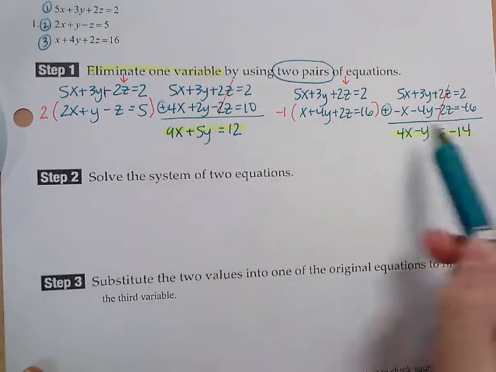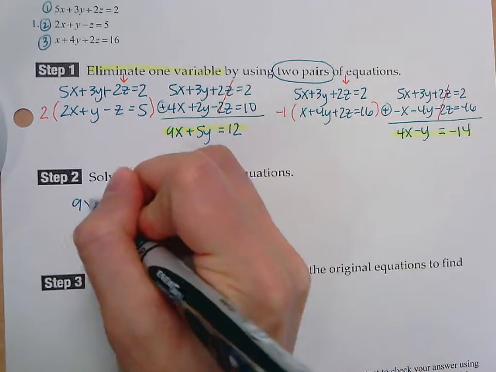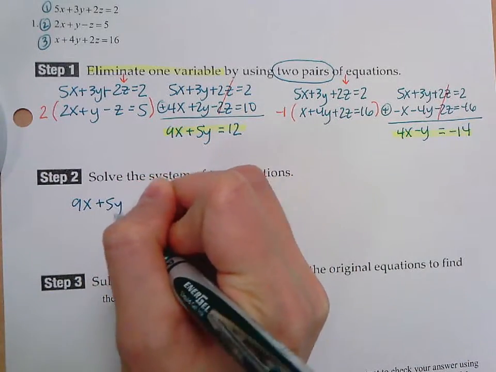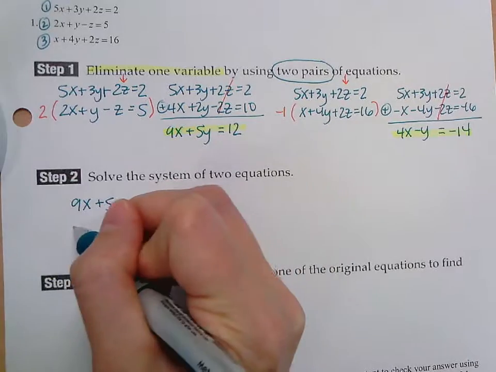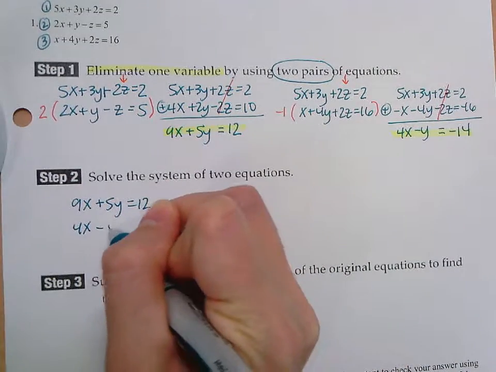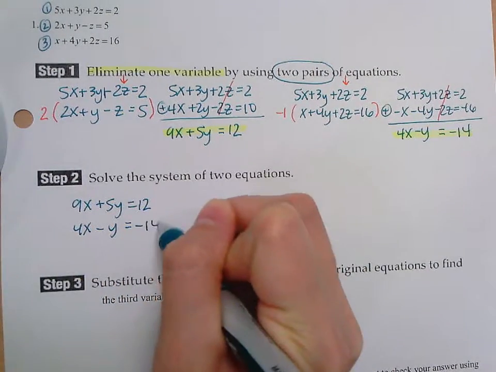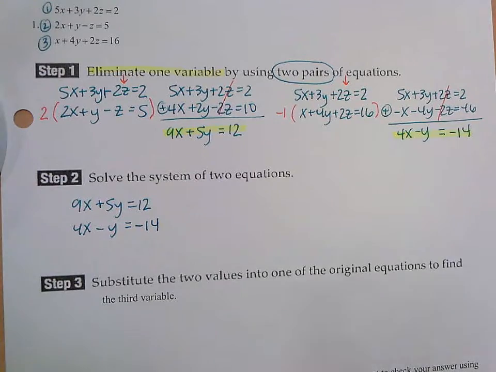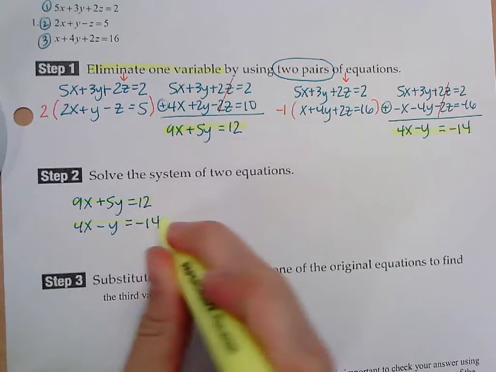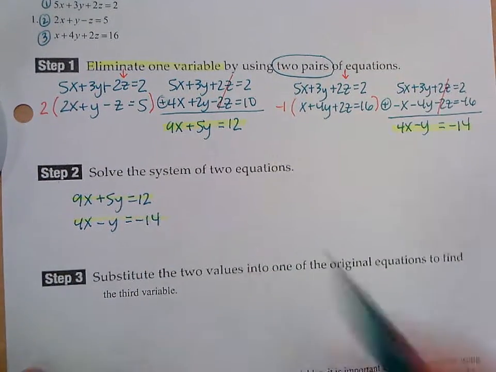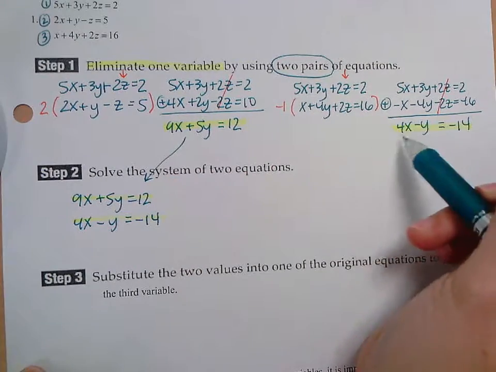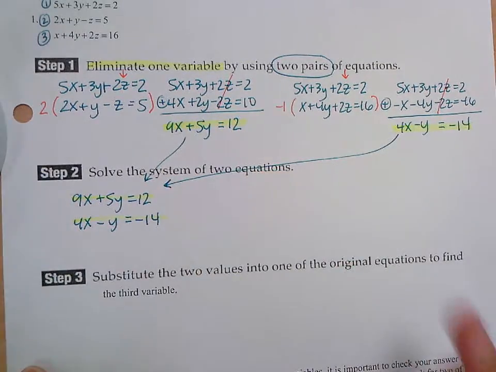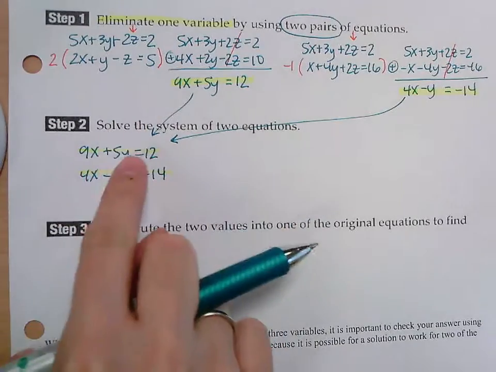So I take these two equations, the 9x plus 5y equals 12, and the 4x minus y equals negative 14. Okay, but I'll draw arrows. This is where those are coming from. And now I solve this.